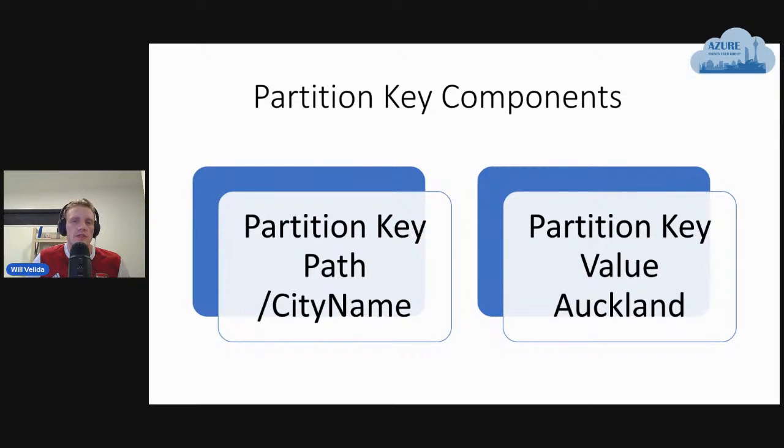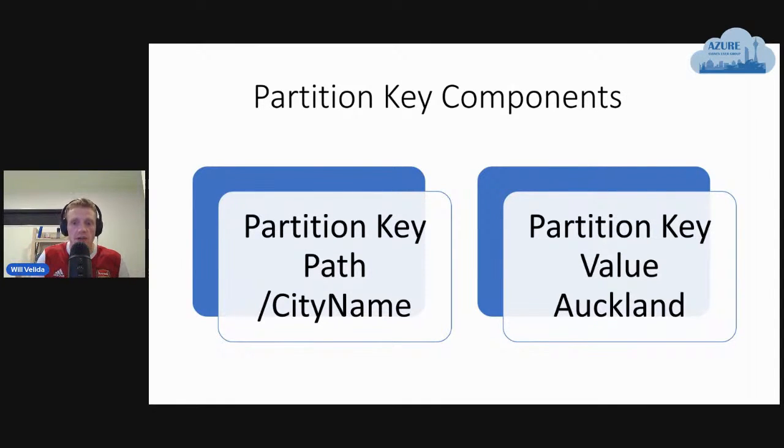Partition key paths in Cosmos DB accept alphanumeric and underscore characters, and you can even set partition key paths on nested objects using path notation. The partition key value is essentially the value of our property. So in this example, Auckland would be the value of the partition key, and this value can be string or numeric types.